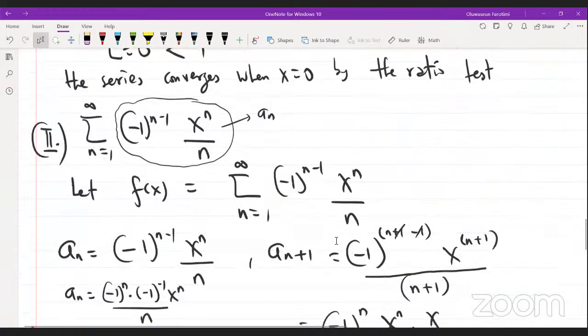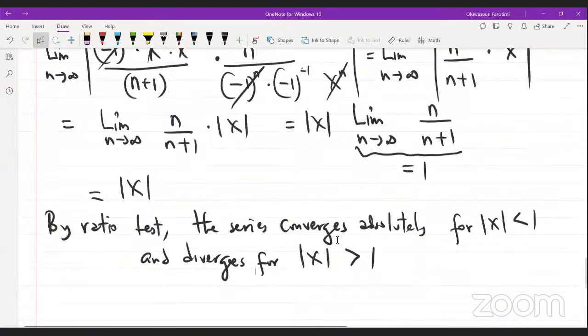But in this case, our x is not 0, okay? It converges for absolute value of x less than 1, which in interval form is the same thing as (-1, 1). So now I need to do that testing.